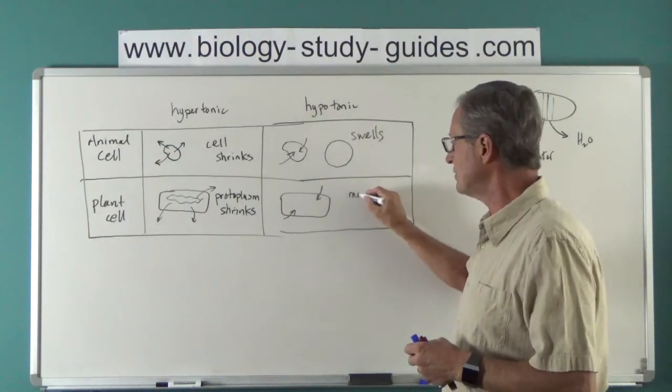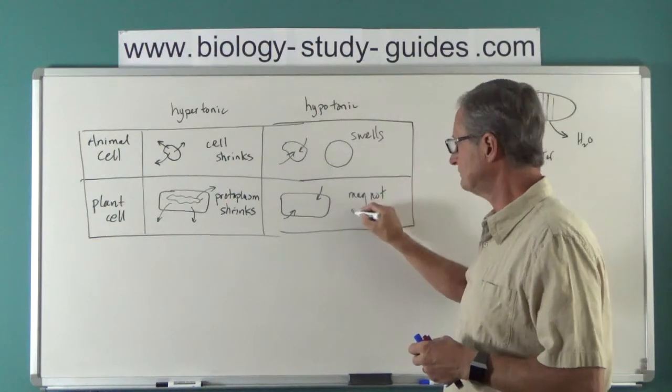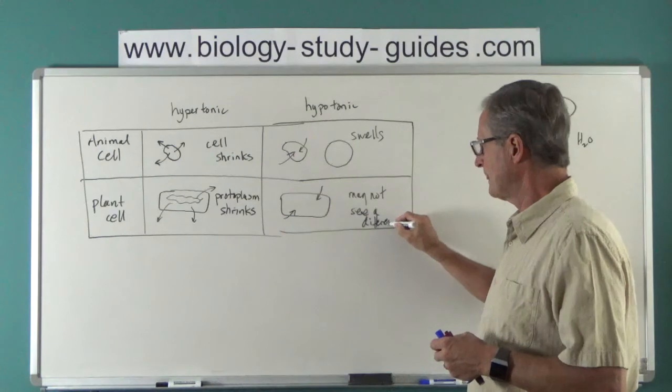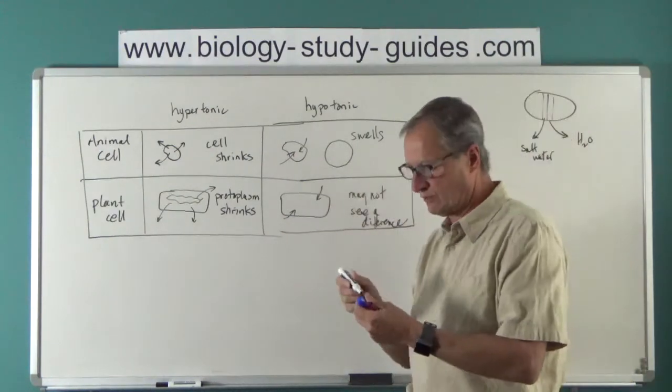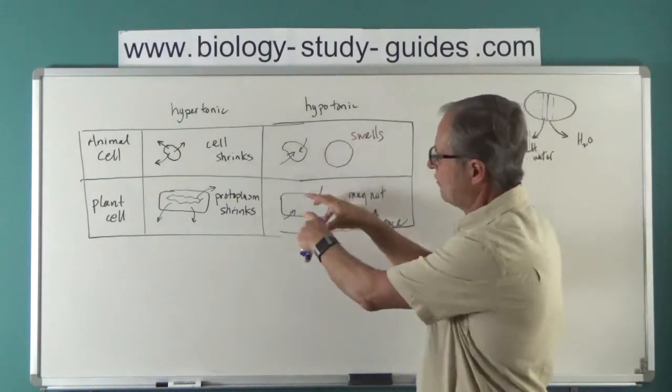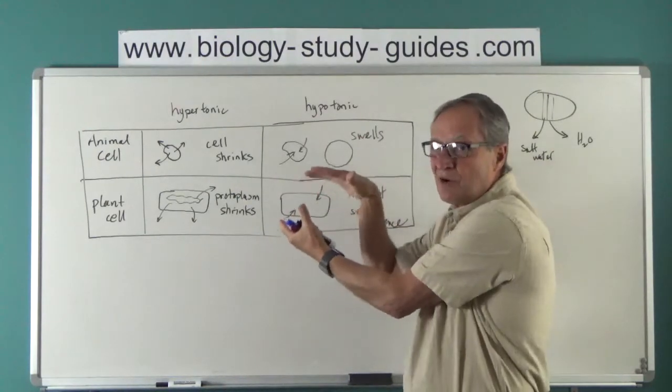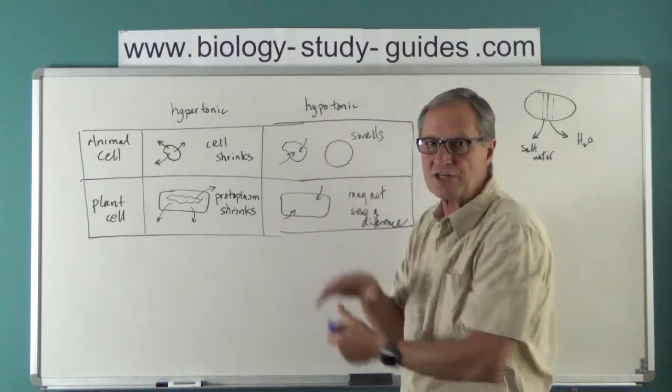It may look the same. You may not see a difference, because the cell wall doesn't really change shape. It's going to allow water to go in, and it's going to increase turgidity as much as it can.